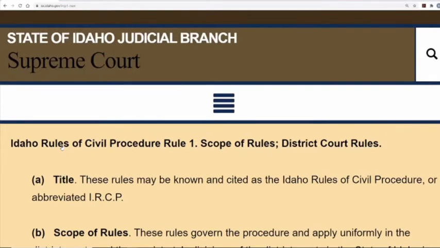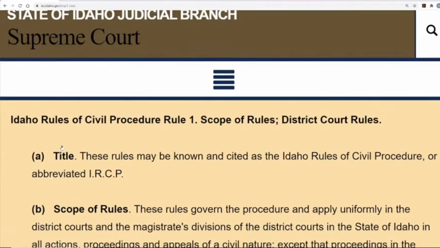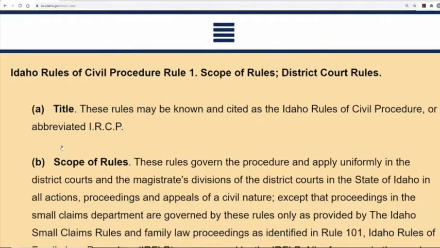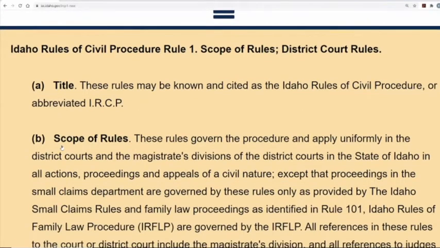These rules govern the procedure and apply uniformly in the district courts and the magistrate divisions of the district courts of the state of Idaho in all actions, proceedings and appeals of civil nature, except that proceedings in the small claims department are governed by these rules only as provided by the Idaho Small Claims Rules and family law proceedings as identified in Rule 101, Idaho Rules of Family Law Procedure, and governed by the Idaho Rules of Family Law Procedure.